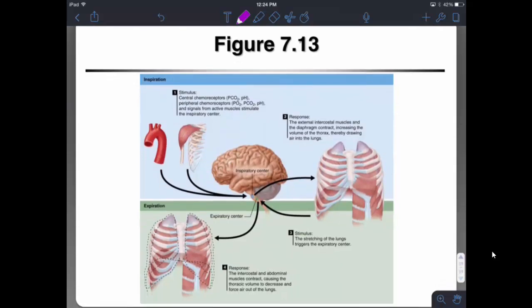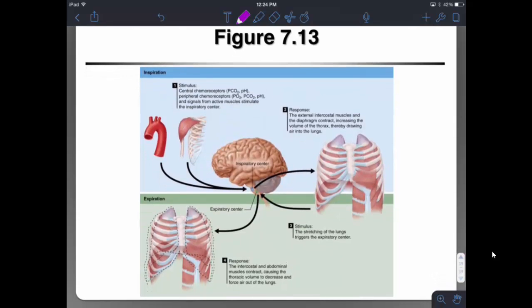Alright, so just putting this all together in a figure from your book, we've got sensory motor integration, right? We've got a stimulus, we've got receptors that detect that stimulus, okay?